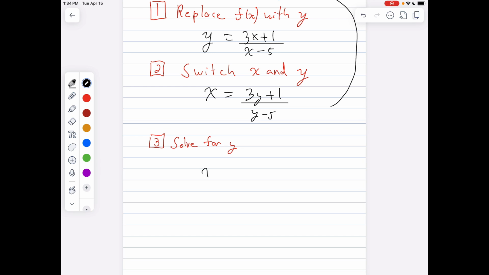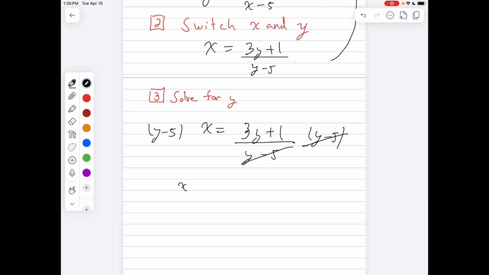So how do I solve for y given this equation? I'm going to start by getting rid of the y term on the denominator, that y minus 5. So I'm going to multiply both sides by y minus 5. So you get x times y minus 5 equals 3y plus 1.